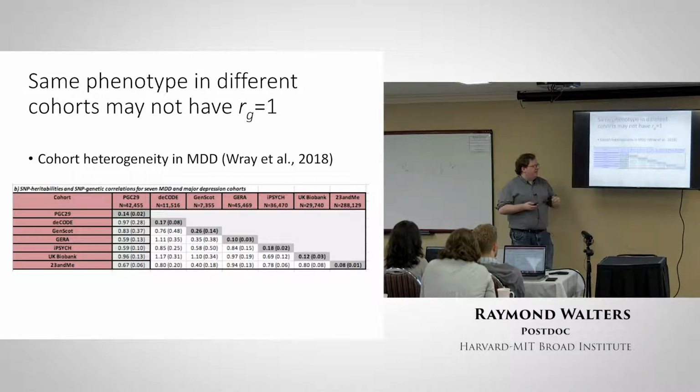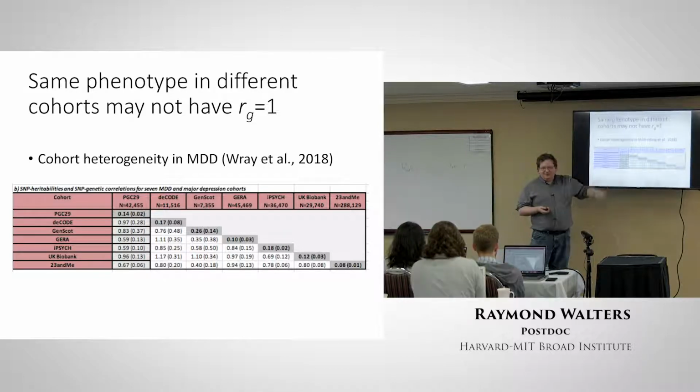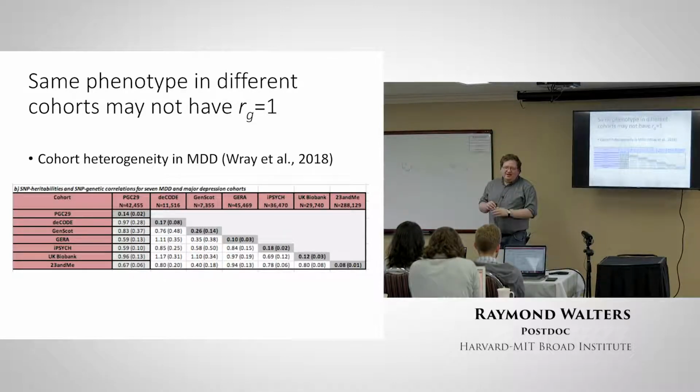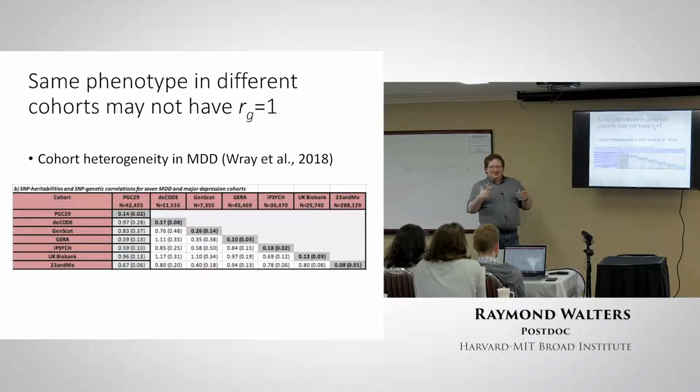Often the standard error is large, but in some instances, for example iPSYCH out of Denmark or data from 23andMe, relative to these standard errors you're seeing correlations probably significantly away from 1. So there's some difference across the cohorts here, where even though nominally all these cohorts are looking at major depression and have tried to collect the same phenotype, the genetic correlation is exposing that there are differences across the phenotypes.